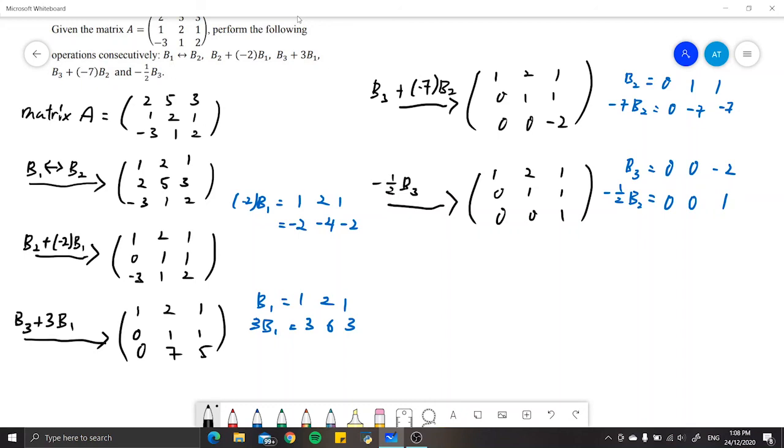Okay, so we have completed all the operations that were stated in the question. So this is how you apply the different operations into a matrix.